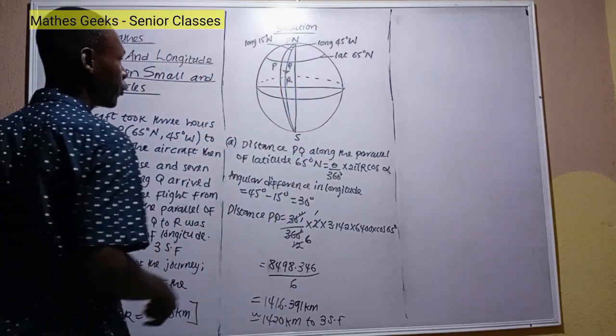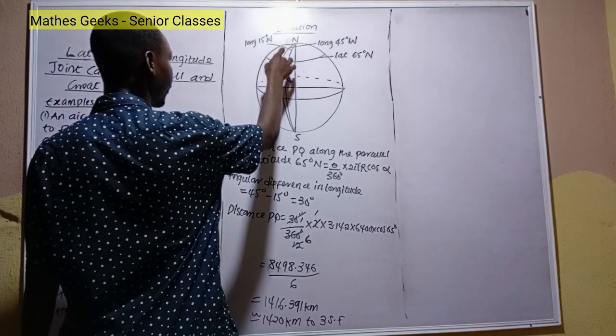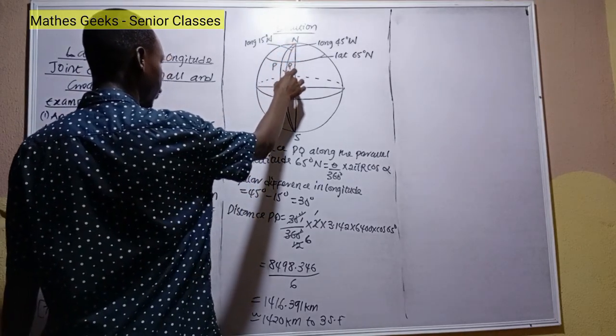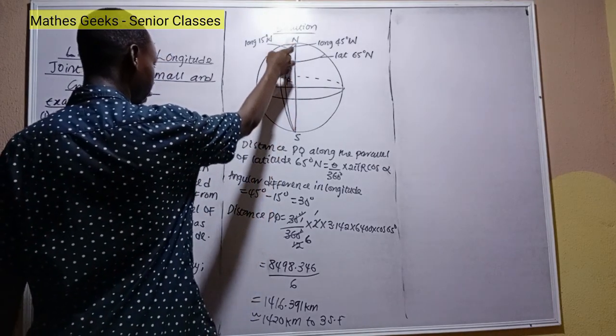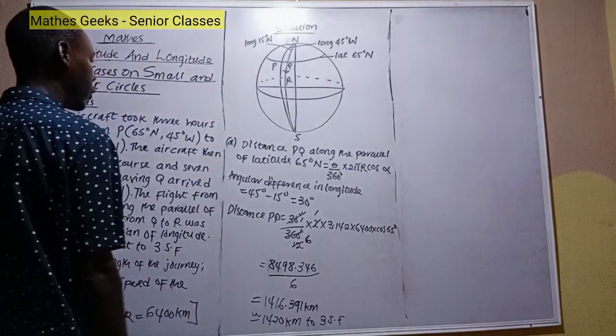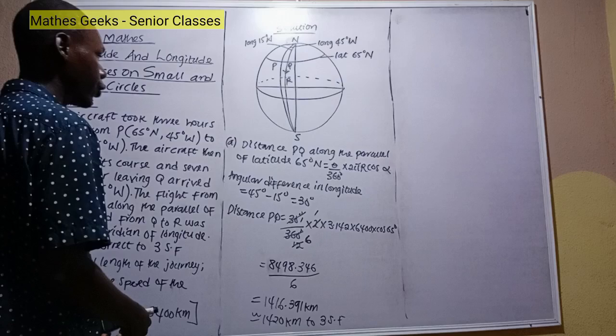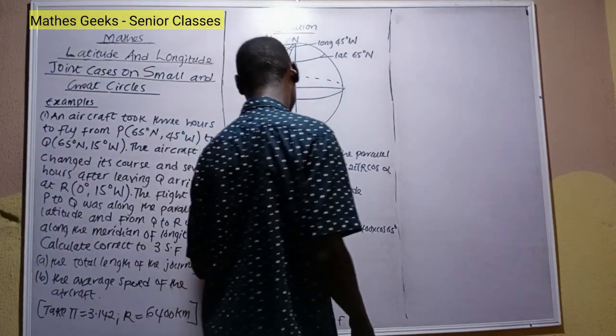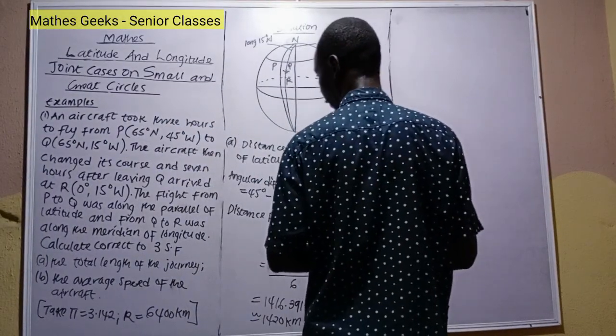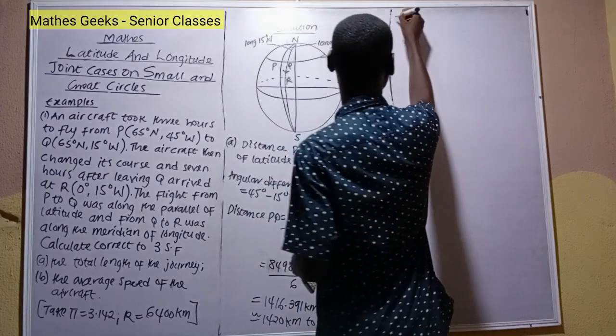The next phase was that from when the plane got to Q, it changed its course to R, traveled from Q to R, along the meridian of longitude. We've gotten the value for distance PQ. So let's get the value for distance QR.